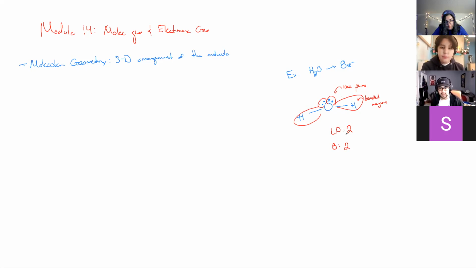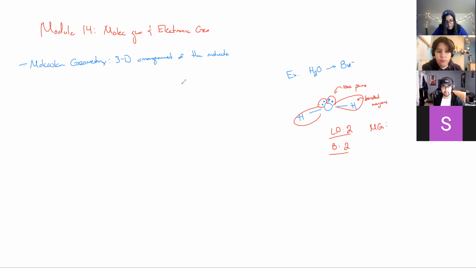Looking at your graph, what type of molecular geometry does this molecule have? Linear? Not linear. If it helps, what's our magic number?